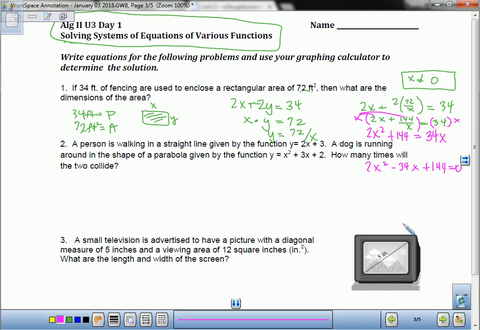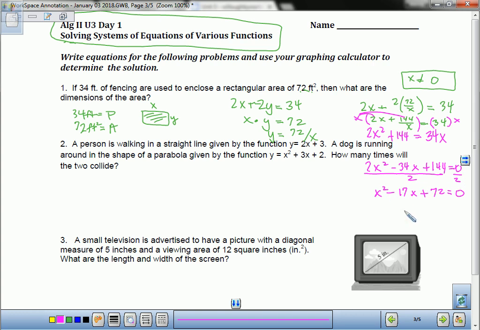There's a couple different things we could do to solve at this point. Quadratic formula. We could use the quadratic formula. We could simplify this equation because you see what number divides out of all of those? 2. So we could divide both sides by 2, couldn't we? So we'd get x squared minus 17x plus 72 equals 0.